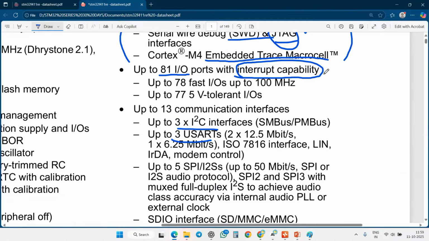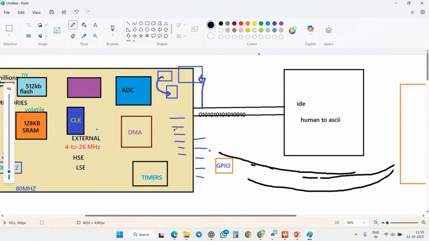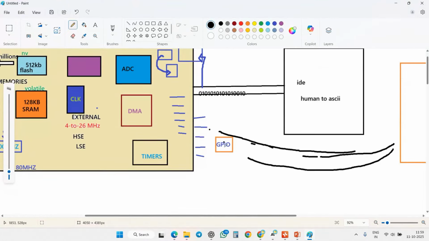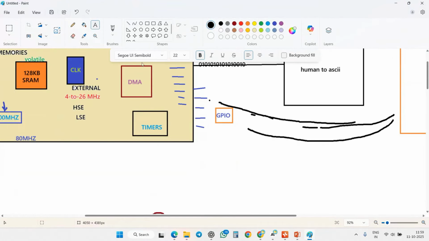Interrupt capability means you can interrupt, which we will discuss in a coming session. Another 78 GPIO pins are very fast input and output. So if you have around 100 GPIO pins, 81 of them can be configured with interrupts.